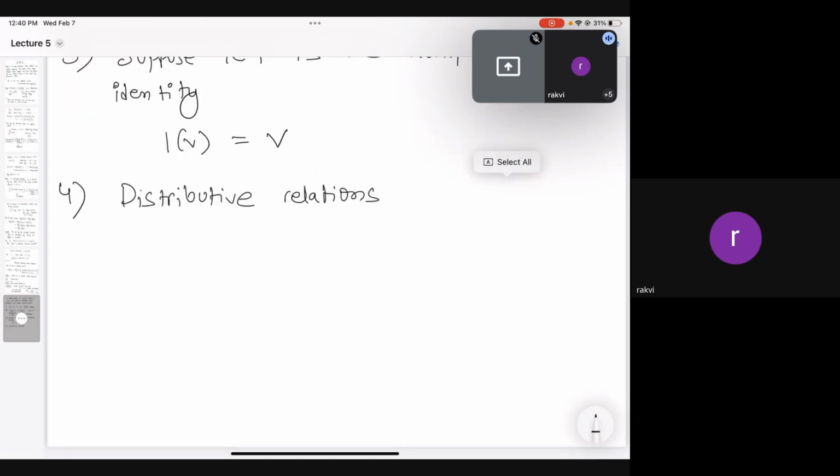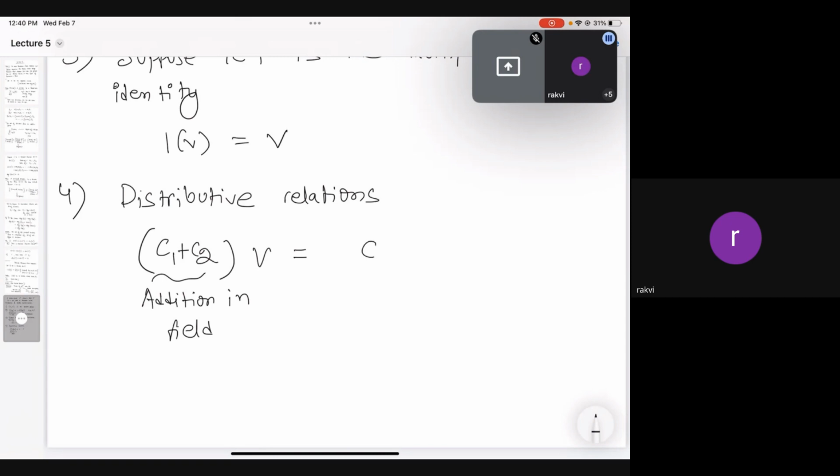So if I start with two scalars and add them, and again this addition is in the field, because fields have addition, then C1 plus C2 multiplied with a vector is the same as first multiplying V with C1, multiplying V with C2, and then adding them. And now this is vector addition.